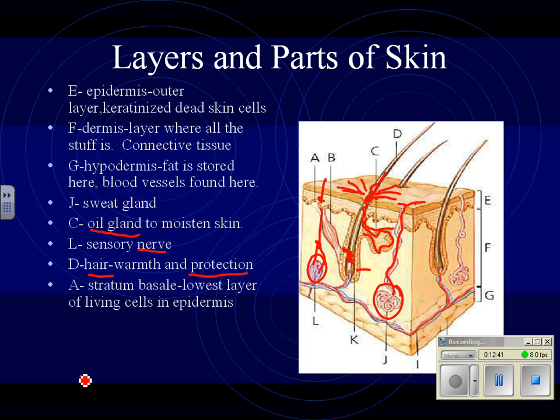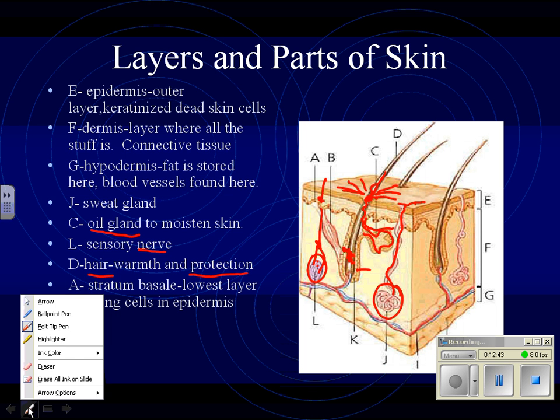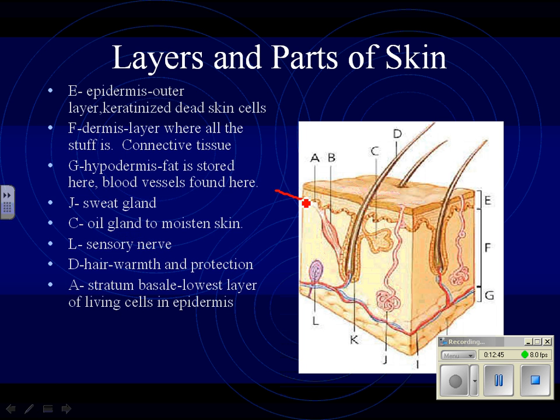Letter A. It's called the stratum basale. Let me erase the ink a minute. Literally, base layer. It's the lowest layer of living cells in the epidermis. There's a lot of mitosis going on here. You'll notice that the stratum basale has ripples in it. That's because of the dermis poking up into it.